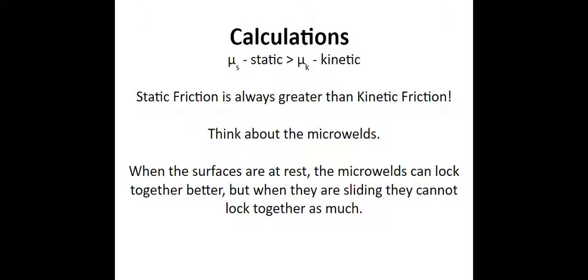When you start sliding or pushing one surface past the other, those micro welds come apart. And while the surfaces are moving, the micro welds never get a chance to lock together again, or lock together as much. So that's why static friction is always greater than kinetic friction.